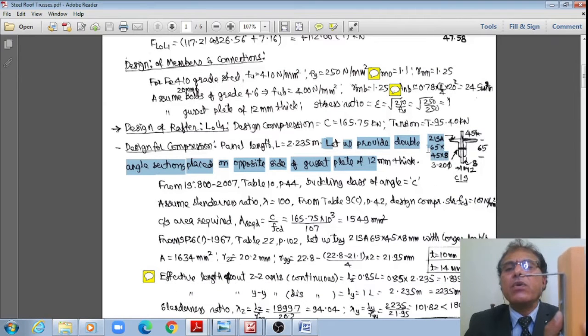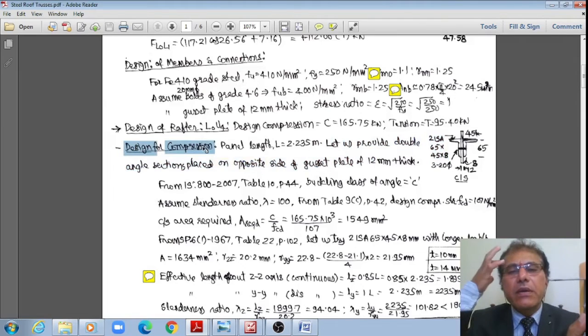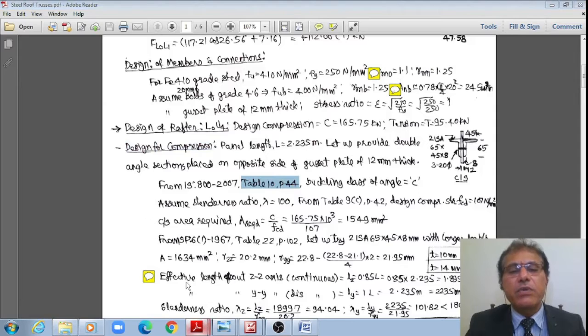Now, however, I need to obtain what should be the cross section, right? Therefore, now I'm designing for compression. Let me go to table 10 of IS 800 2007, page number 44.